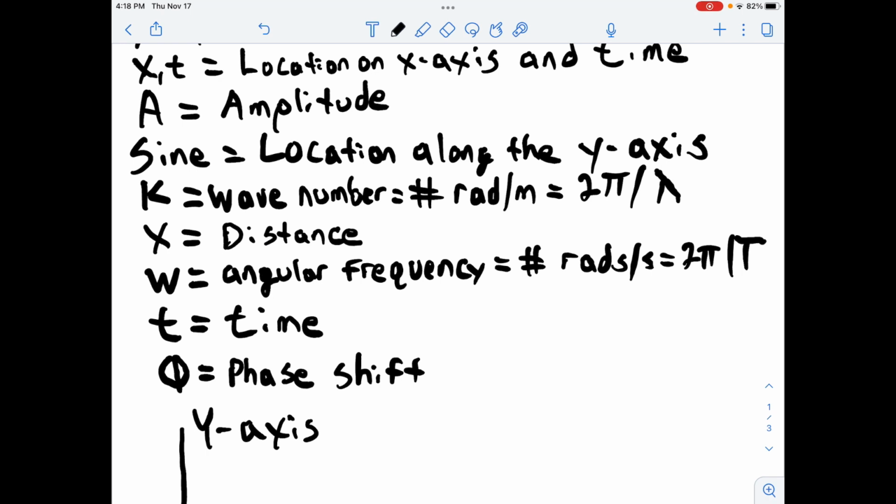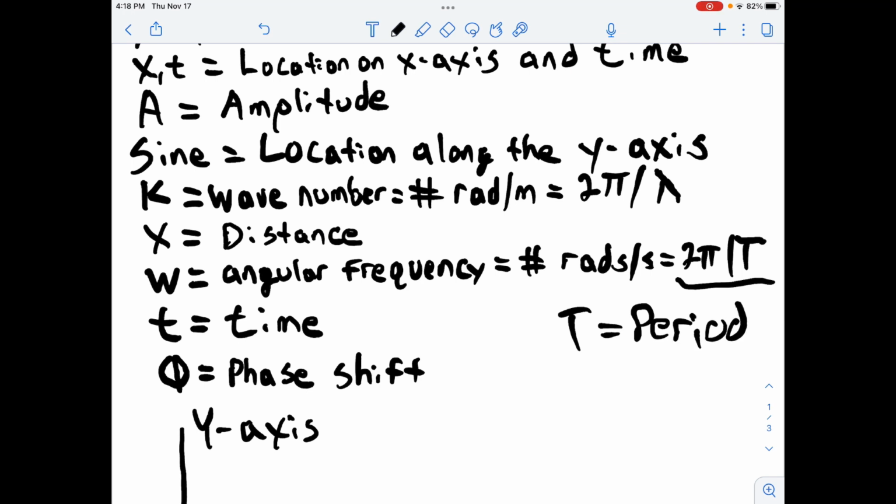W is your angular frequency. It's the number of waves that you have in a particular time period. If you have a stopwatch and you have 10 seconds on there, how many waves did you have in 10 seconds? You can actually find angular frequency with 2 pi over period. Period is represented by a T. So T equals period.